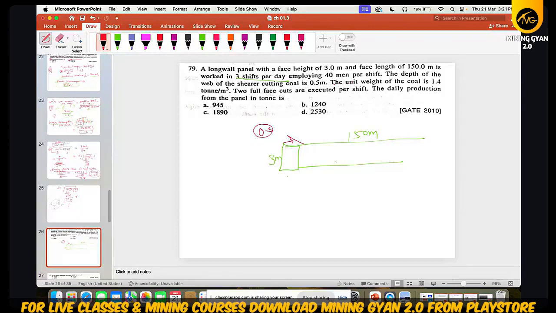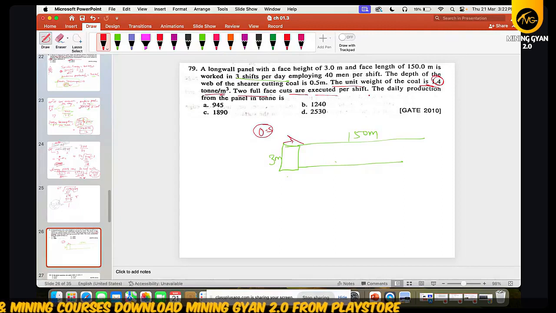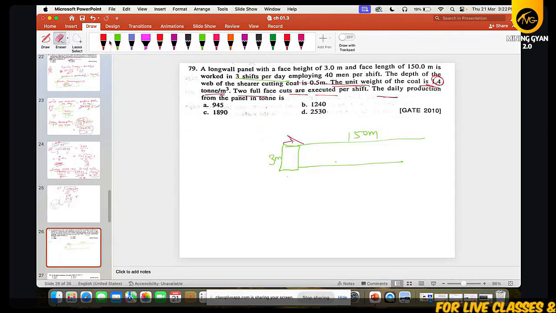The unit weight of the coal is 1.4, density 1.4. 2 full face cuts are executed per shift. And now we have to calculate the daily production. This is your question. Okay, we will start.